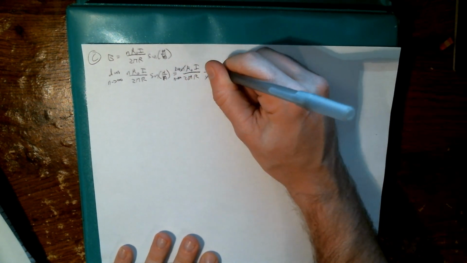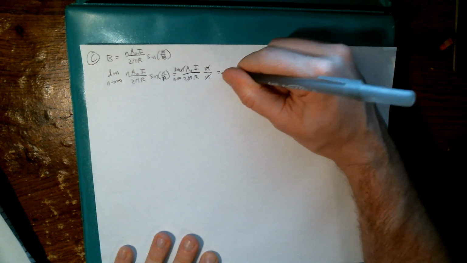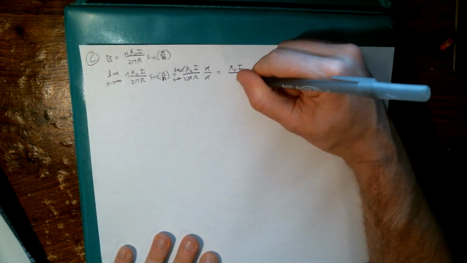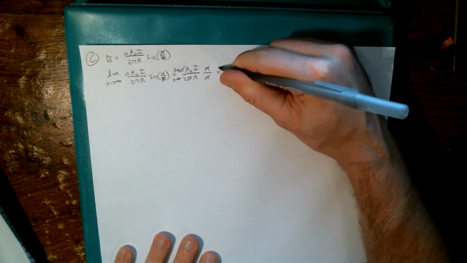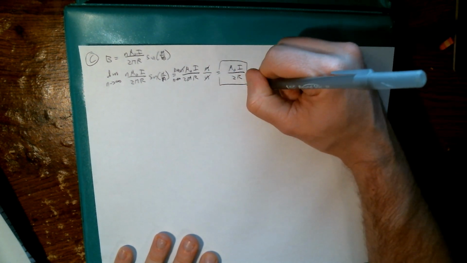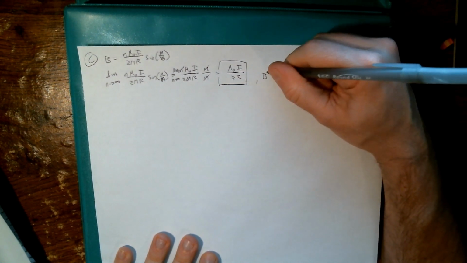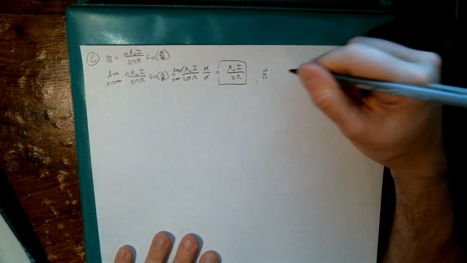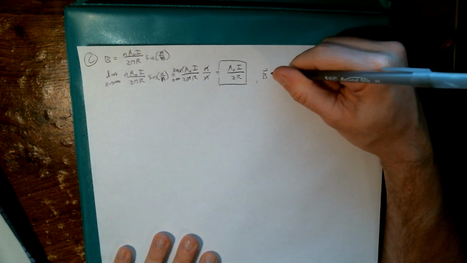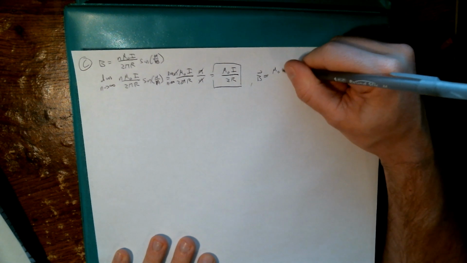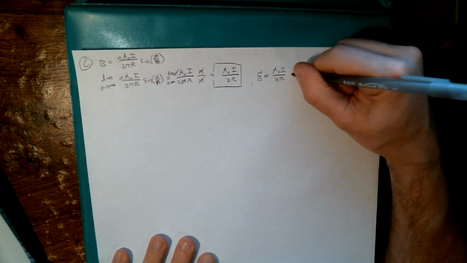And these pi's are going to cancel. So the expression we get is mu naught I over 2r. And that is it. Once again, direction is going to be in the direction that we chose, which was up according to the figure. So that's just going to be equal to mu naught I over 2r z hat.